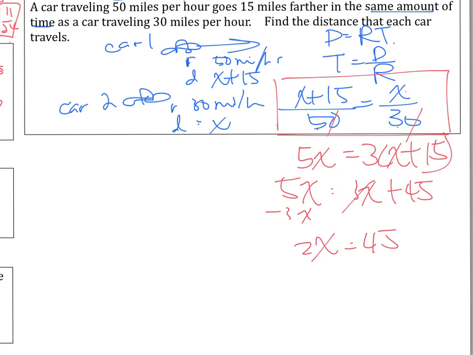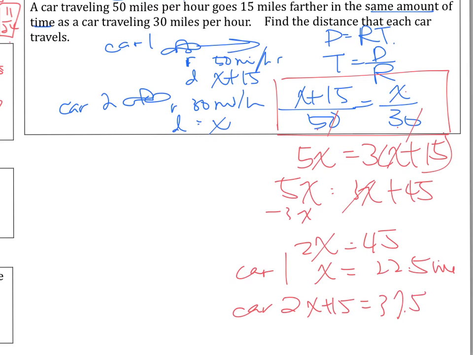And then x would equal 22.5 miles. And this will be car 1. Car 2 would be x plus 15, and that's 37.5 miles. So I found the distance each car would travel. Okay, and that concludes our lesson.